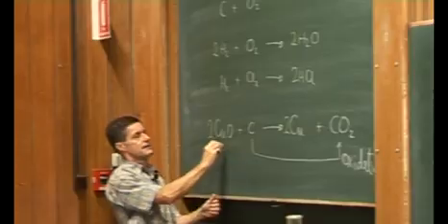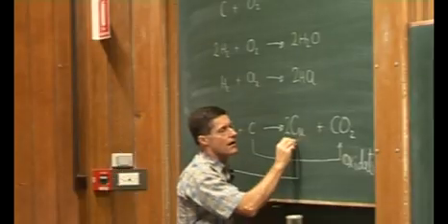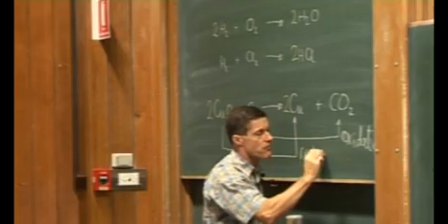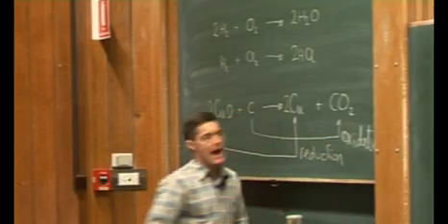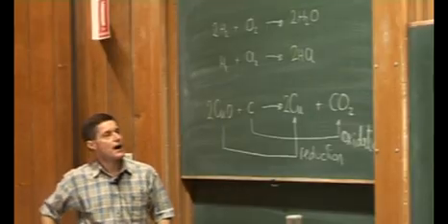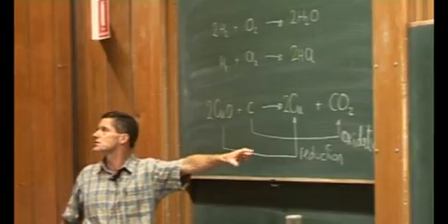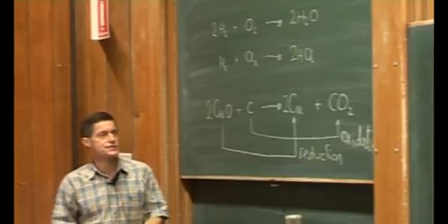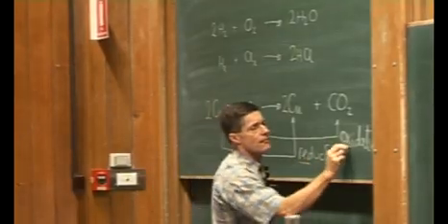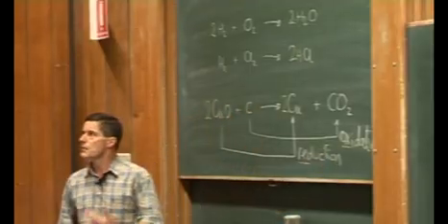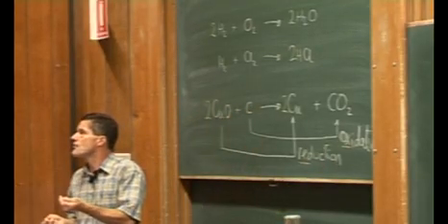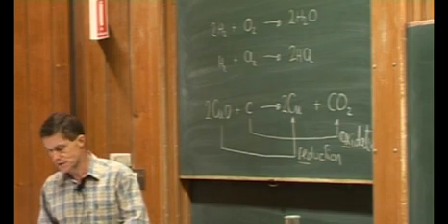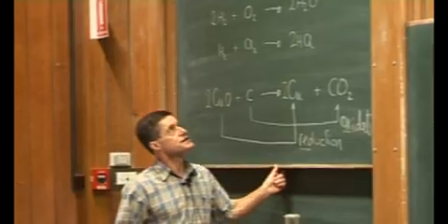We're now seeing a compound to an element as a reduction, and overall then I have an oxidation reduction pair in this reaction, and we call it a redox reaction. And what we'll find is that reduction always occurs at the same time as oxidation, and vice versa.